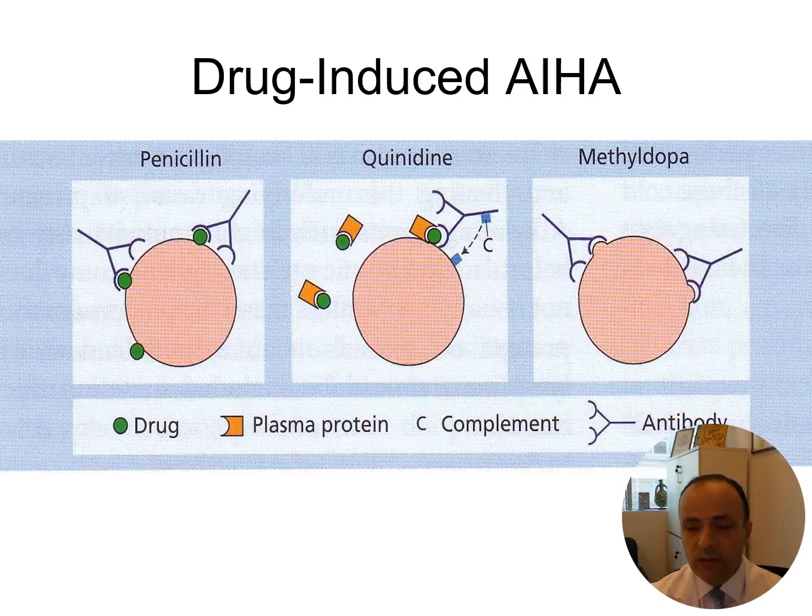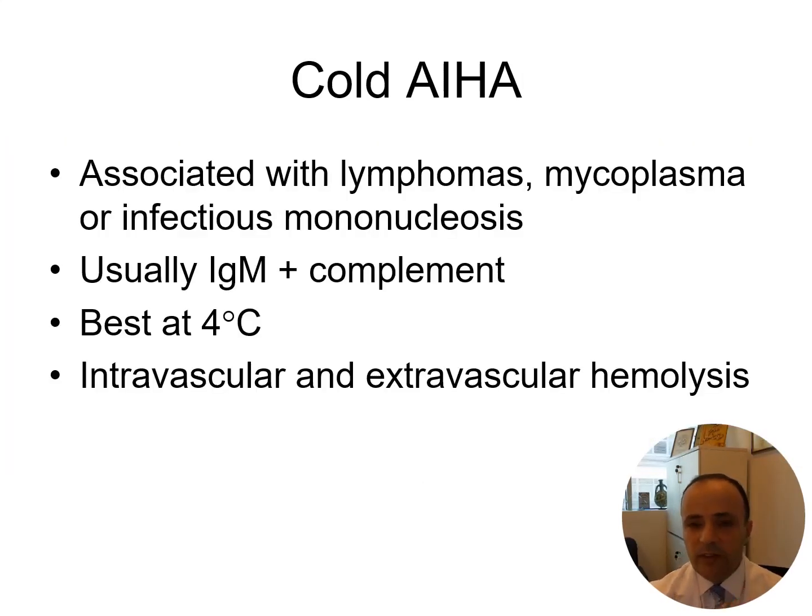With the cold agglutinin, many medications, penicillin, quinine, can cause that. The cold antibody autoimmune hemolytic process is much more serious. It's essentially associated with some lymphomas or infectious mononucleosis, and it is IgM mediated. As you remember, IgM is a pentamer rather than a monomer.